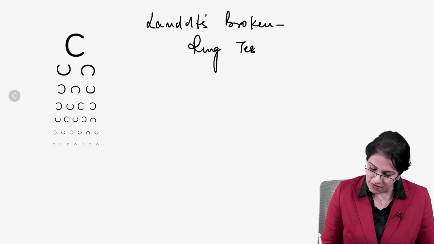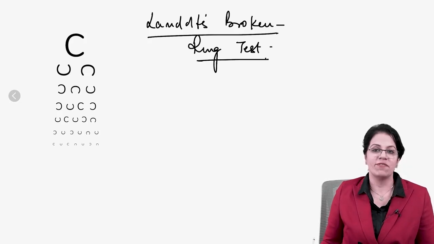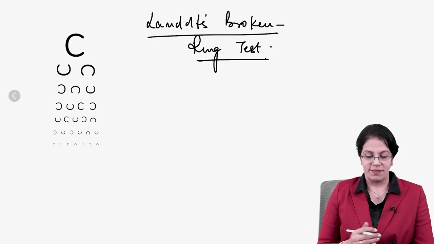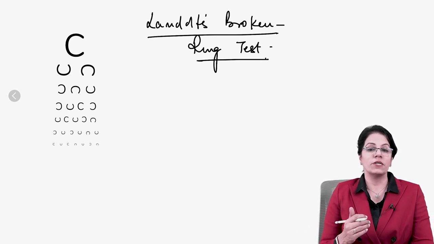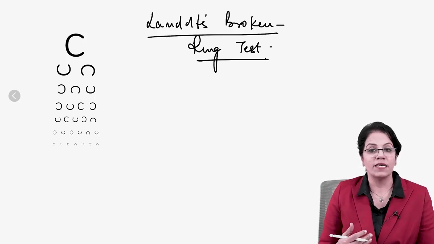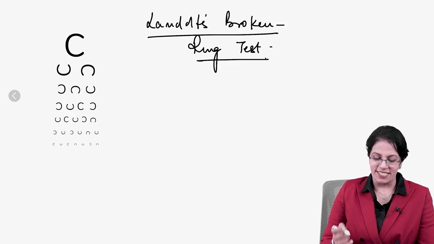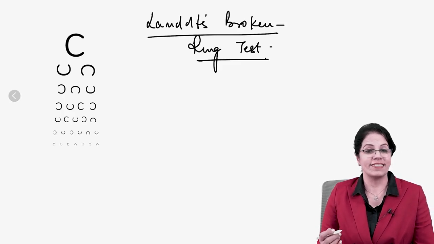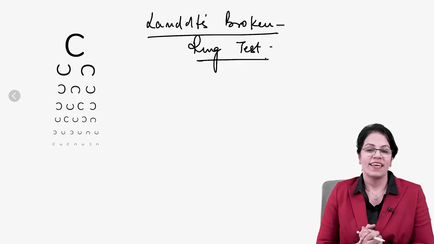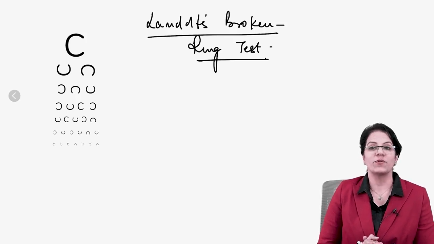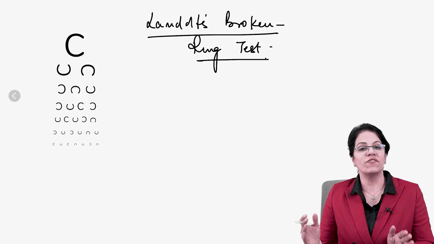To be very honest, from my experience in the OPD, it's such a big task to check the visual acuity of these people, because sometimes even if you ask which direction it is opening, for the same letter they will tell you 2 directions, and then you are totally messed up. We have faced this so many times. Anyway, you should know Landolt's broken ring test is done for illiterates.